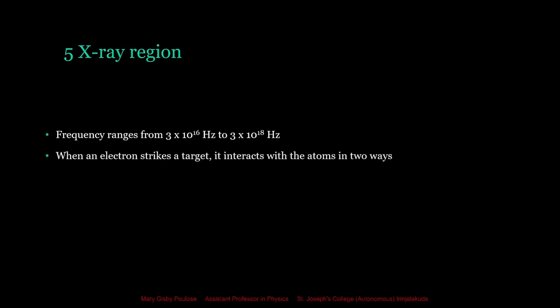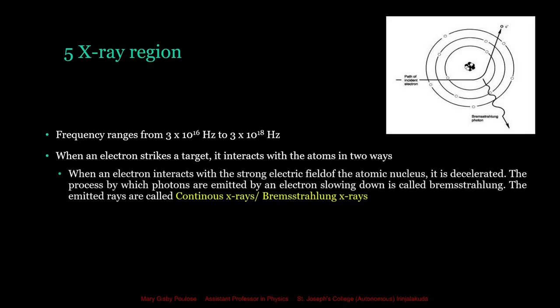The next region of study is the X-ray region. Here the frequency ranges from 3 × 10^16 Hertz to 3 × 10^18 Hertz. Now when an electron strikes a target, that electron interacts with the atoms of the target in two different ways. The first one is when the electron interacts with the strong electric field of the atomic nucleus.